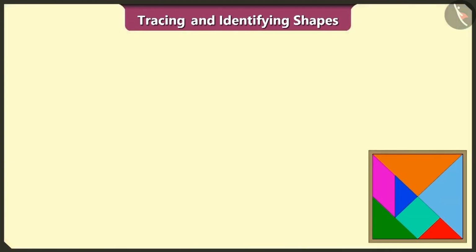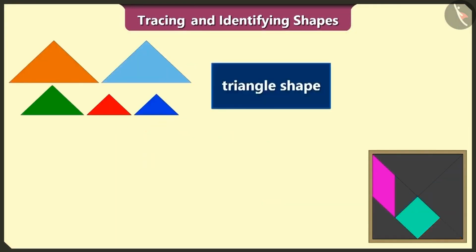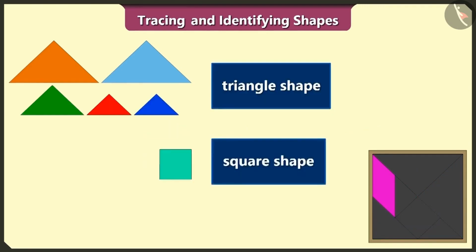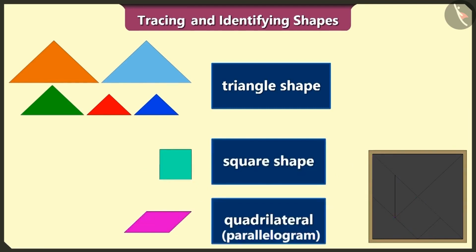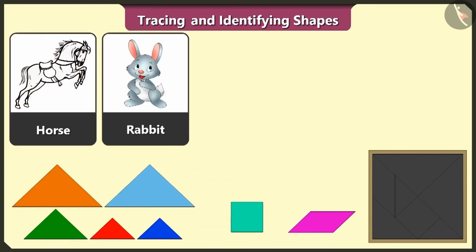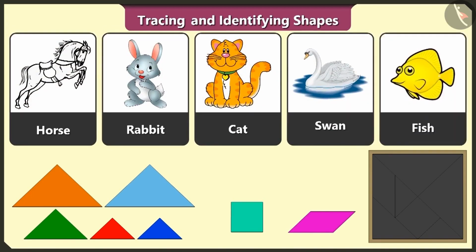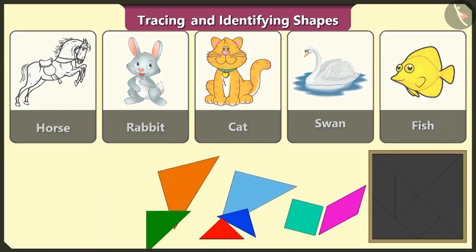This 10-gram is made of 1, 2, 3, 4 and 5 triangle shapes, 1 square shape and 1 quadrilateral. Today we will create figures of horse, rabbit, cat, swan, and fish using these shapes.